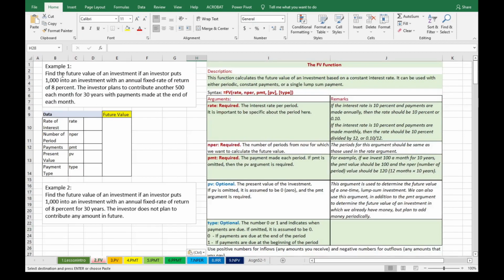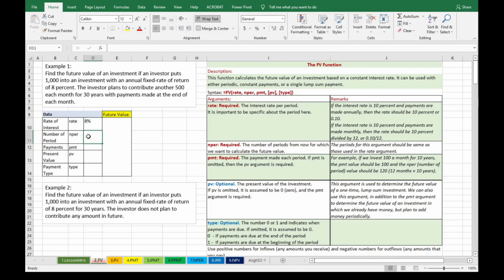So let's take example 1 here. Find the future value of an investment if an investor puts 1000 into an investment with an annual fixed rate of return of 8%. The investor plans to contribute another 500 each month for 30 years with payments made at the end of each period. So we have a table here and we'll start putting the values. So rate of interest is 8%.